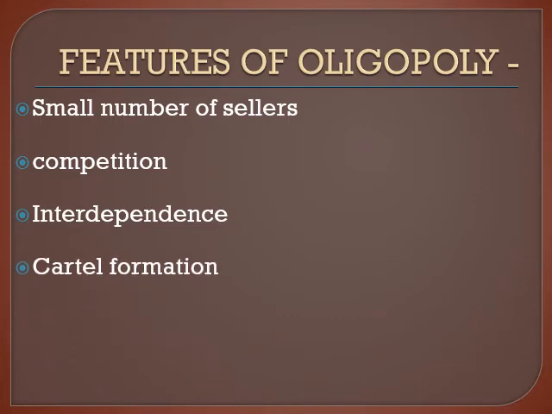Next is cartel formation. Basically, in an oligopoly structure, a cartel is formed. As the number of firms is very small in this structure, sometimes a cartel is formed for removing competition among themselves.